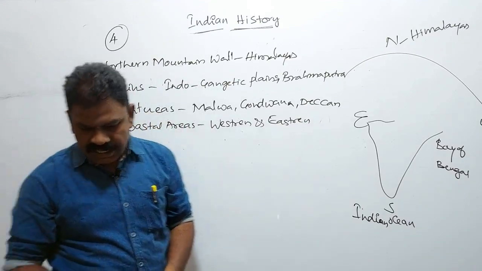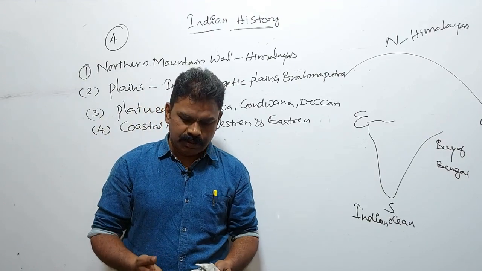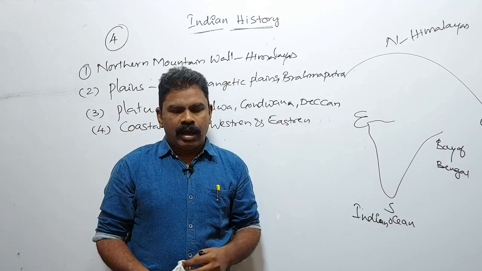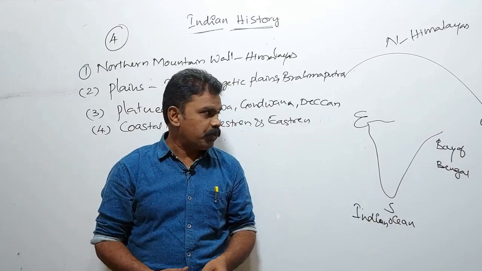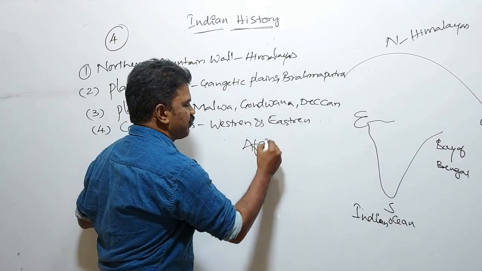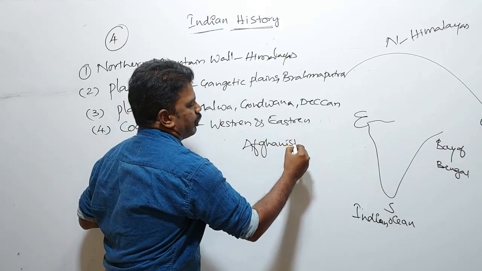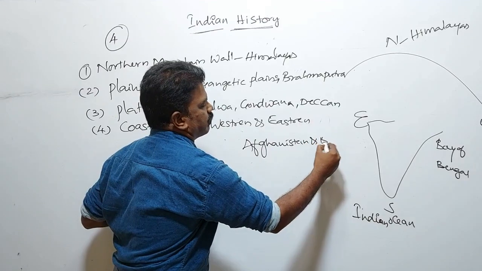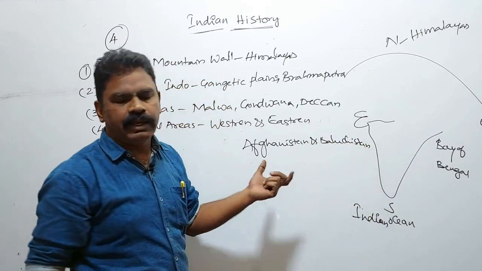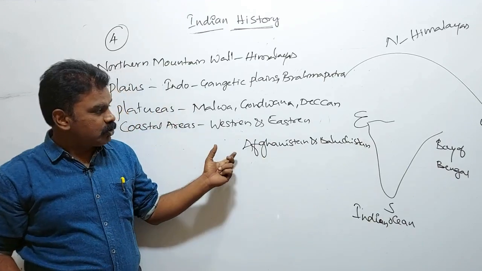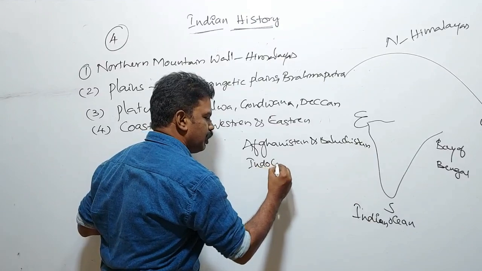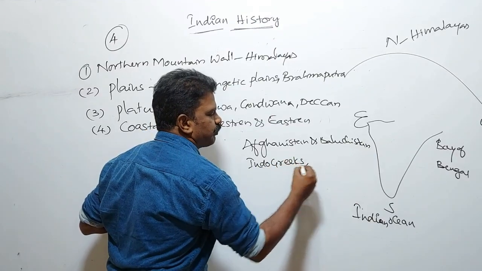India is larger than many European countries. Afghanistan and Baluchistan were also parts of India once upon a time. In the ancient period, they were under the control of the Indo-Greeks.